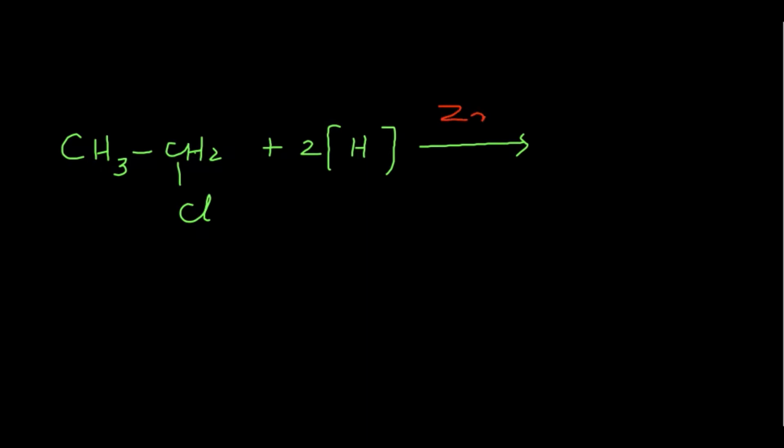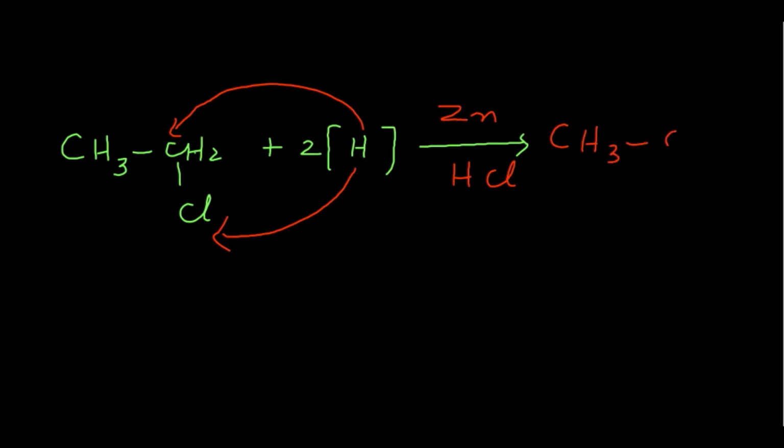Students, we know zinc on reaction with aqueous HCl liberates nascent or atomic hydrogen. This atomic hydrogen is added to the alkyl halide molecule, and we know addition of hydrogen is known as reduction. There are two hydrogen atoms, one hydrogen atom added to carbon, another hydrogen atom added to chlorine. So after the reaction, we get the product CH3, CH3.